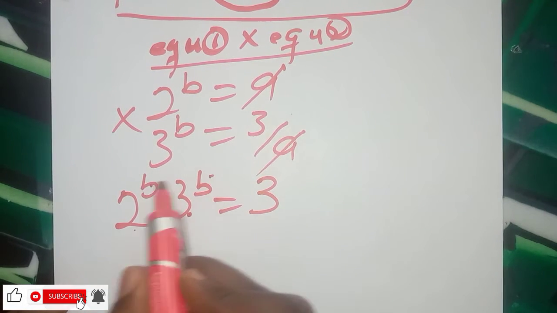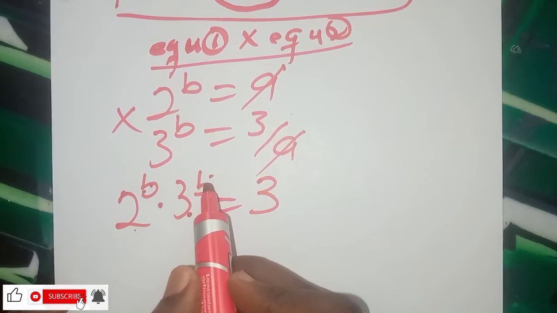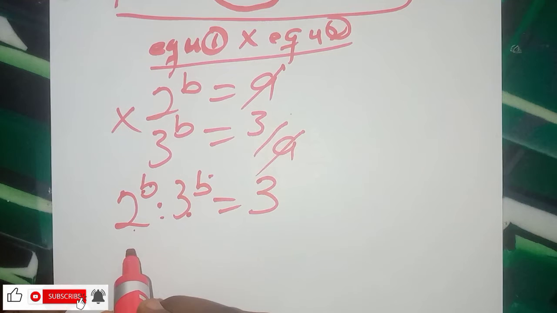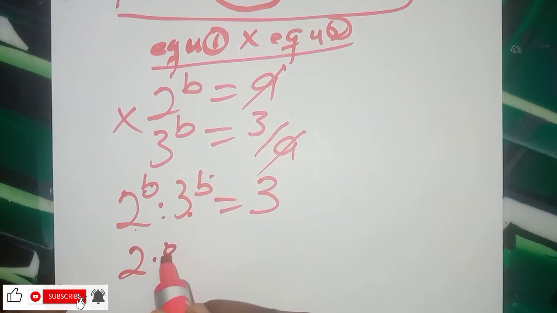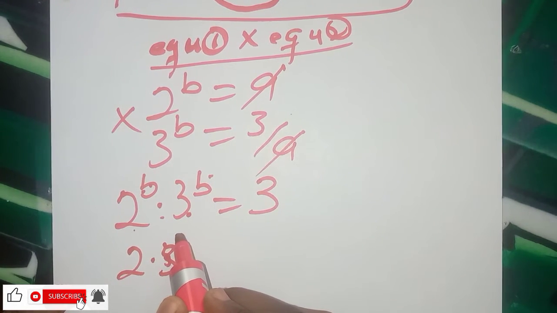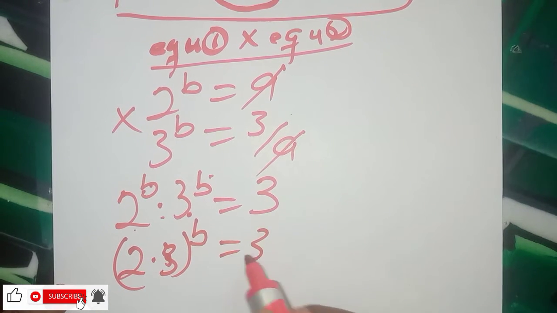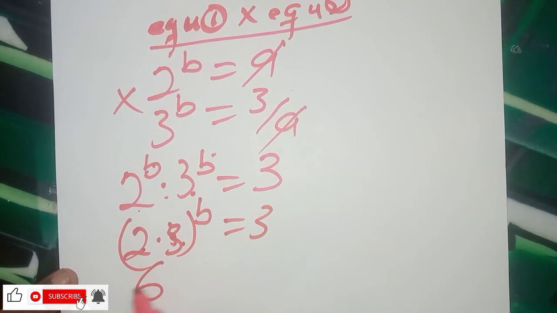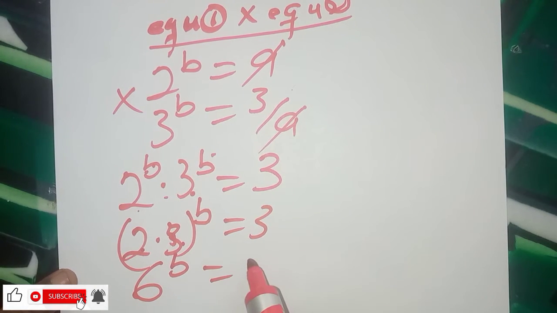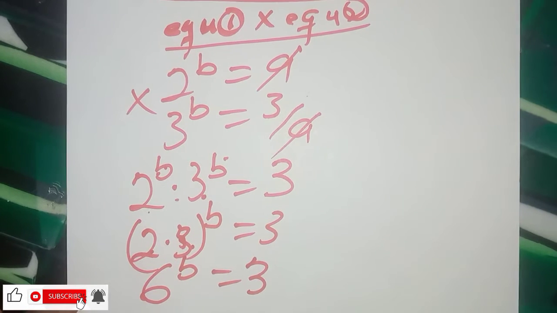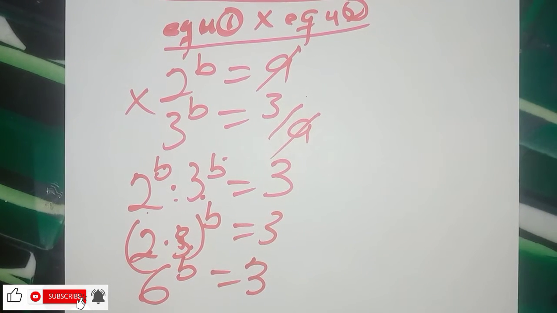Now if you look at the exponent, they have the same exponent, so basically we can write this whole thing as just 2 multiplied by 3, and then it becomes to the power b being equal to 3. So basically 3 times 2 is just 6 to the power b being equal to 3 in this case. Now we have 6 to the power b being equal to 3.